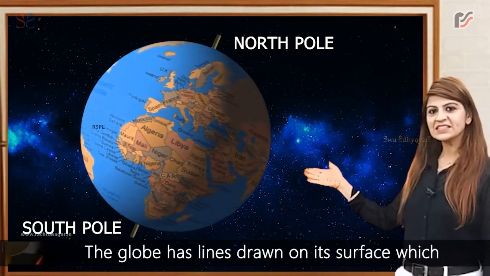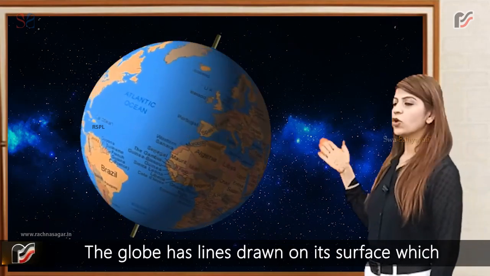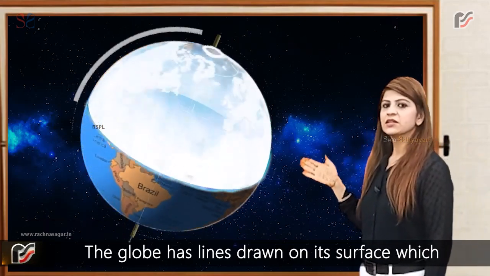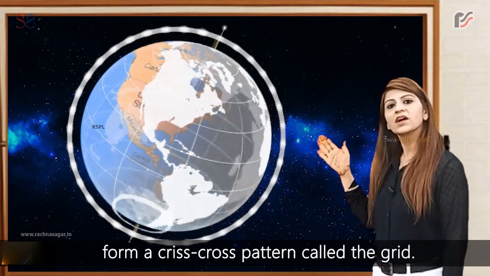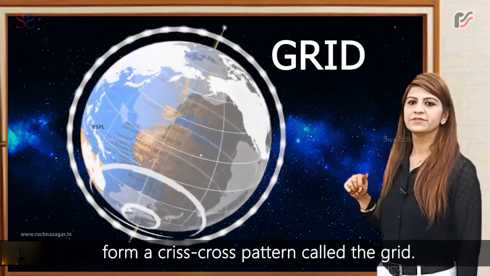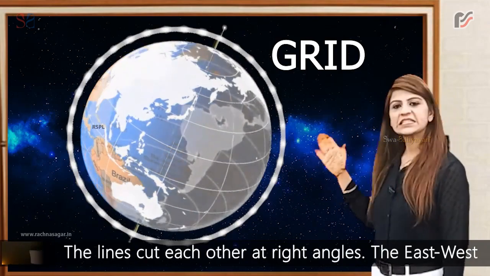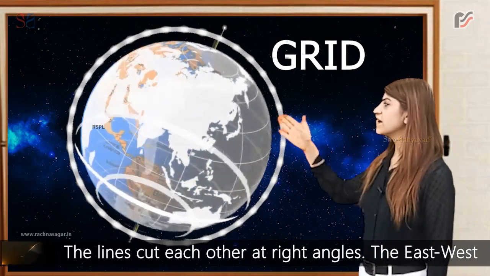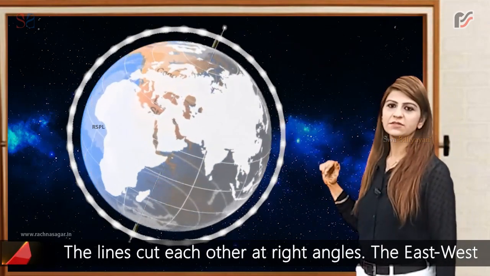The globe has lines drawn on its surface which form a criss-cross pattern called the grid. The lines cut each other at right angles.